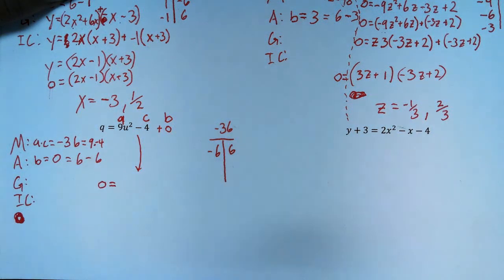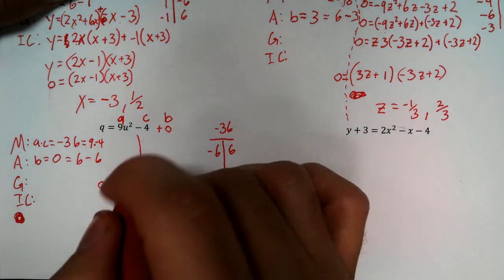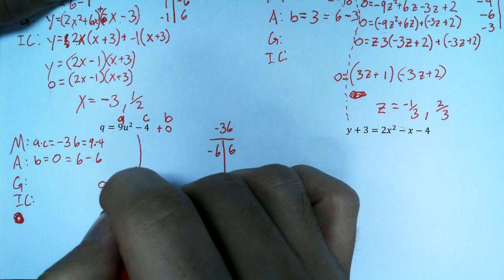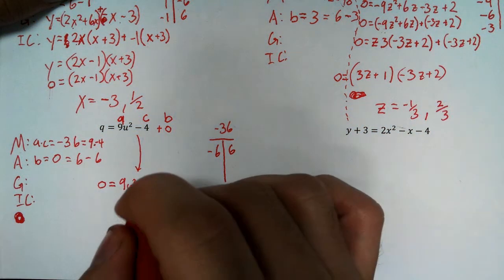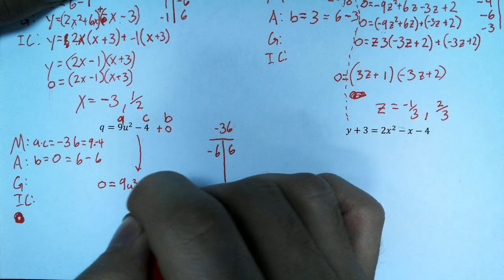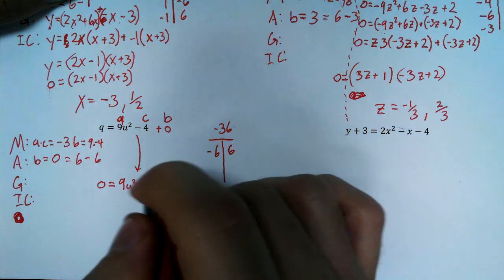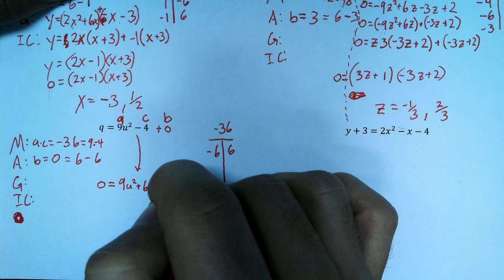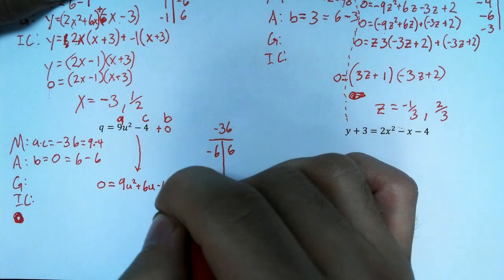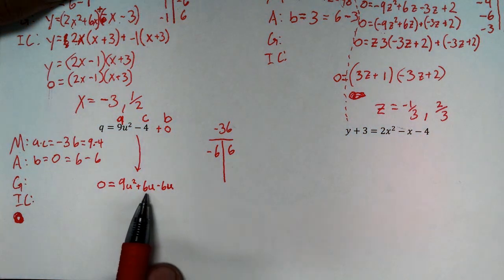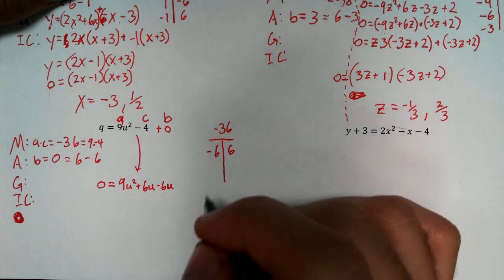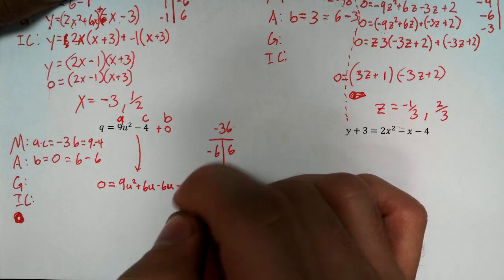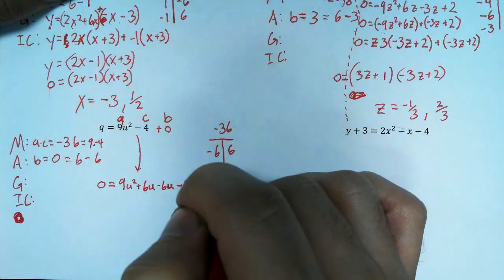We're looking for the solution, so we set that equal to 0, is equal to 9u squared plus 6u minus 6u. And as weird as that is to say, that makes sense, because 6 minus 6 is just 0, and we had 0 there to start with, so that's okay. So, minus 4.